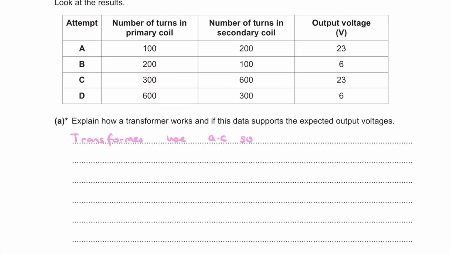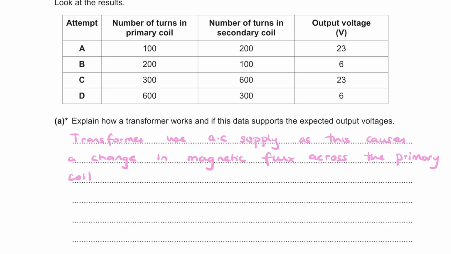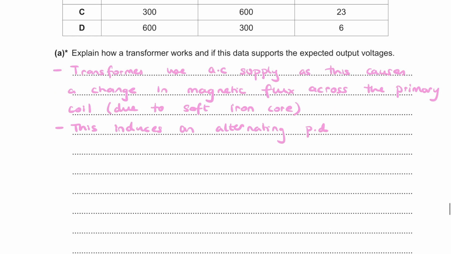Transformers use AC supply as this causes a change in the magnetic flux across the primary coil due to the soft iron core, of course. And then this induces an alternating voltage across the secondary coil, and that's electromagnetic induction.